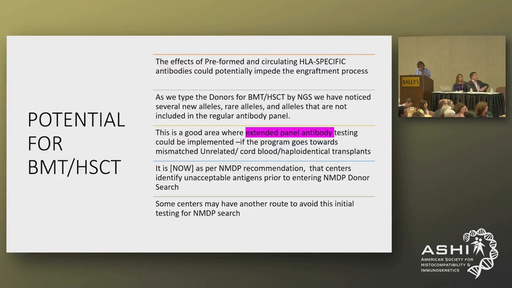So the potential for BMT and HSCT, that is stem cell transplantation: it helps in haploidentical transplantation and matched unrelated donor selection, where people are willing to do the transplant. Again, it depends on the transplant programs. Some transplant programs are willing to go with some mismatches. Our transplant program does not.